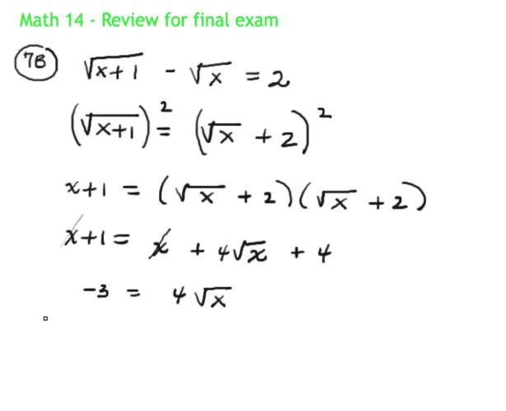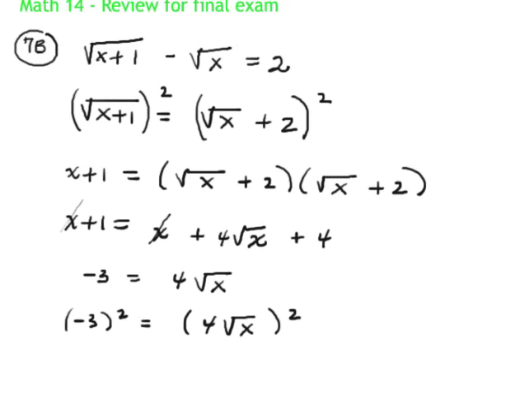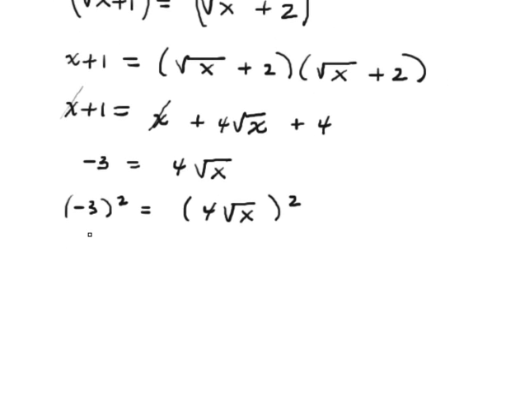And now we square both sides. Then we have 9 is equal to 4 times 4, that's 16. Root x times root x is x. And we have x is equal to 9 over 16.